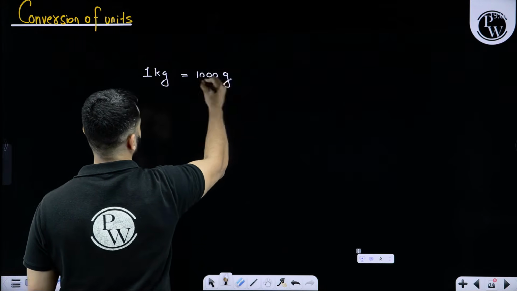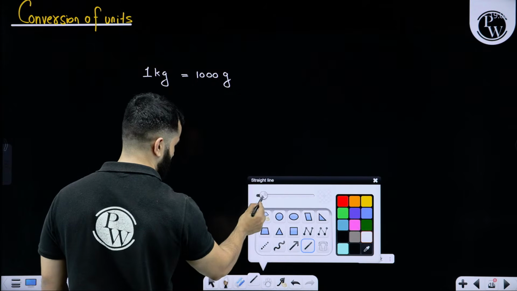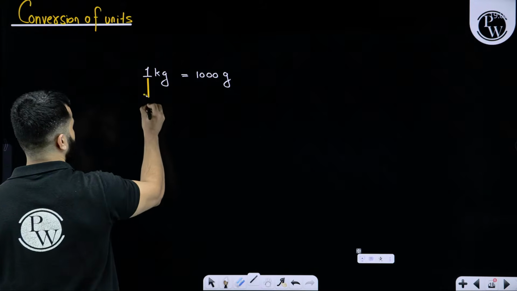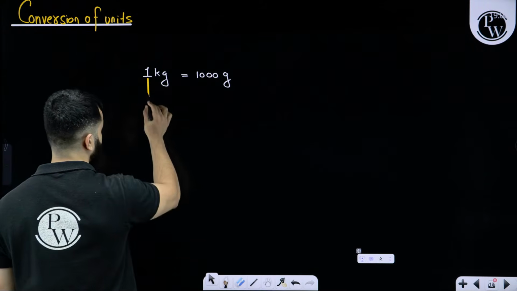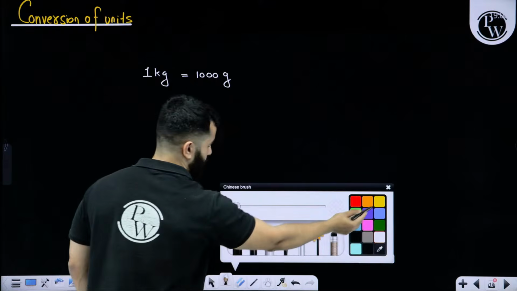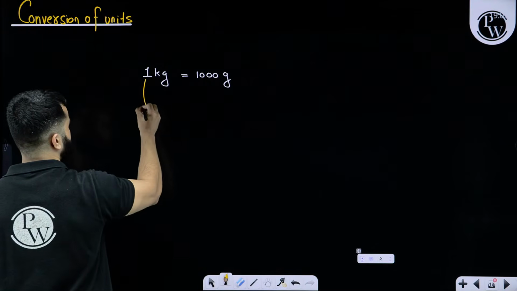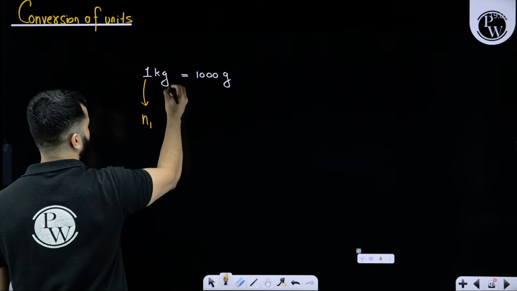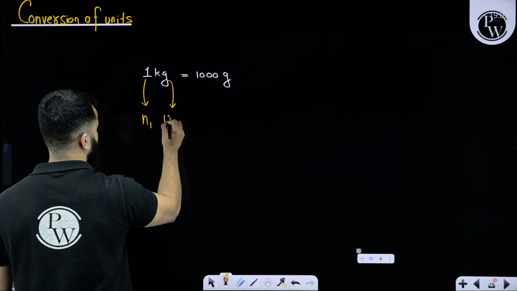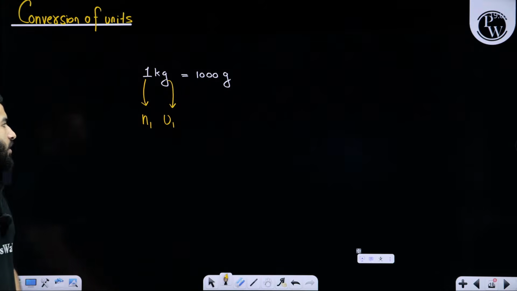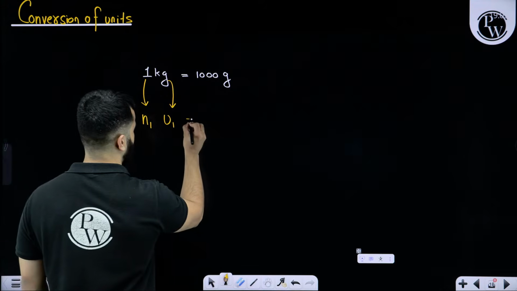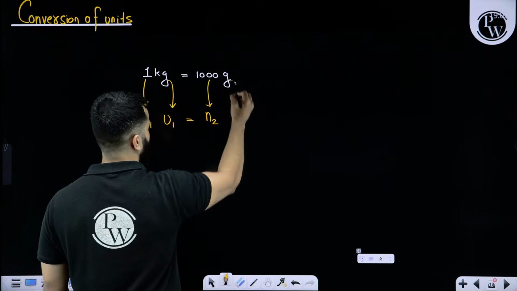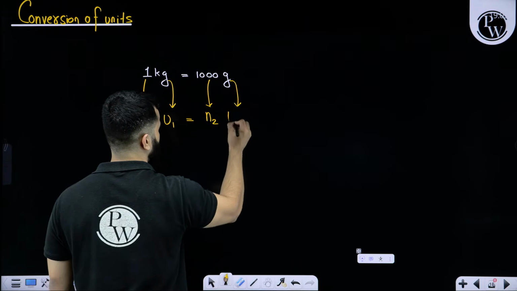What we are trying to do over here is, we are simply saying this is the numerical value, let's say n1, and this is the unit, let's say u1. This is our new numerical value n2, and this is our another unit, u2.